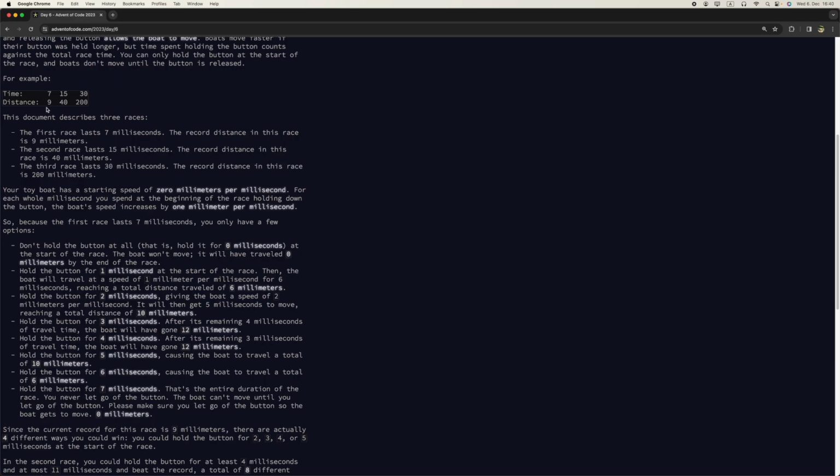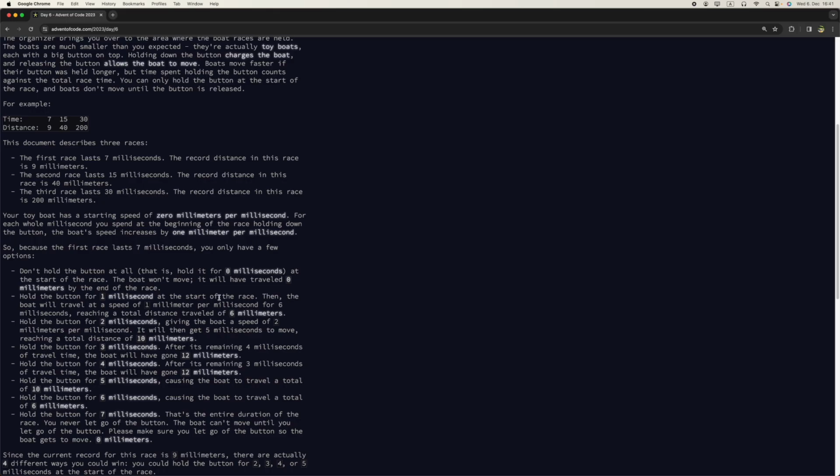So the problem asks us to find all these distances which are greater than the distance value. The time that you hold the button, which you could say x, and then for the rest of the time the boat moves at x speed. So if you hold it for 1 millisecond, then it'll move at 1 millimeter per millisecond.